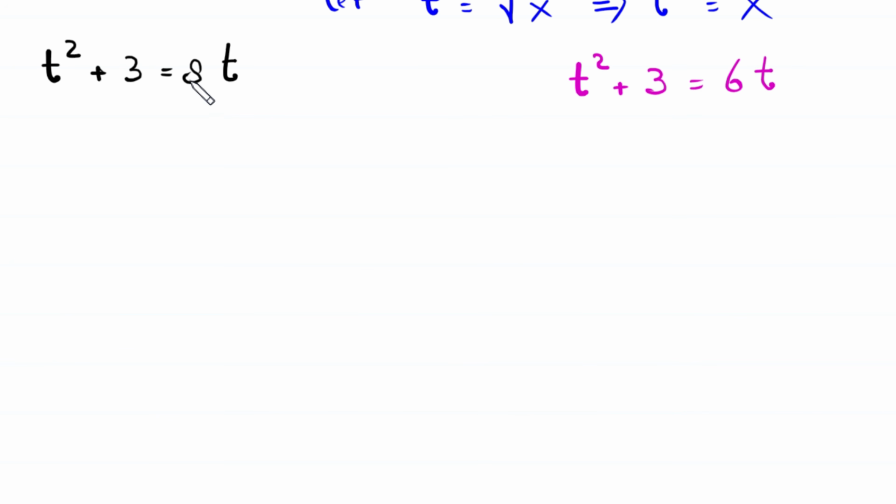Now from this equation, move this 8t to the left hand side. This will become t squared minus 8 times t plus 3 equal to 0.